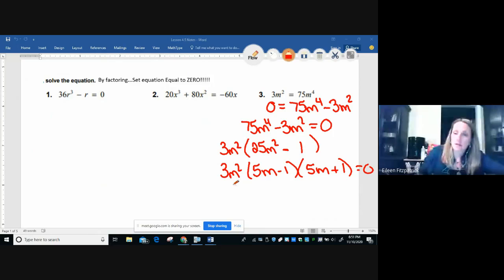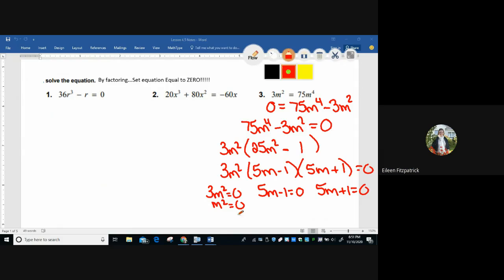I'm going to set each factor equal to 0, so I have 3m squared equals 0, I have 5m minus 1 equals 0, and I have 5m plus 1 equals 0. All right, divide both sides by 3 here. You're going to have m squared equals 0. Then take the square root of both sides.